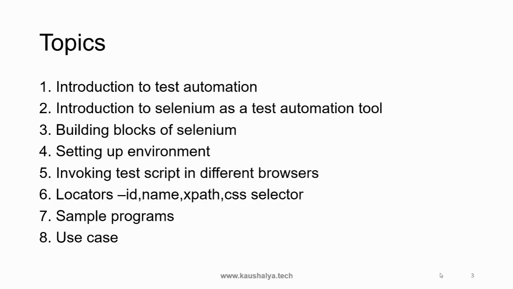How do we set up the environment for Selenium? How do we start running the Selenium scripts? And other aspects like various locators: how do we locate the various elements of a form using ID, name, XPath, and CSS selectors, and then a few sample programs and a use case. This is pretty much the topic I would be covering in another 45 to 50 minutes.